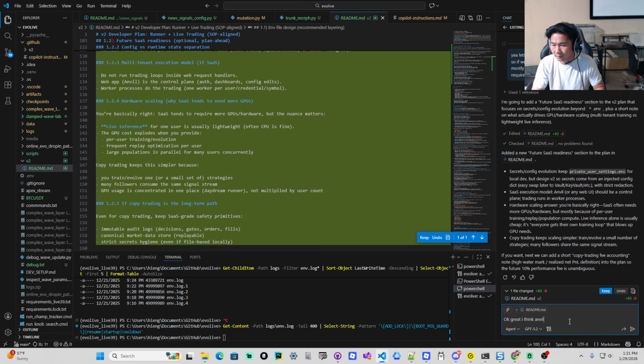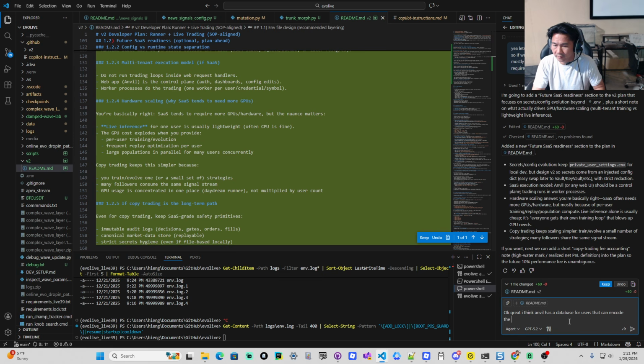I think Anvil has a database for users that can encode the credentials. You can pull it in. API for now.